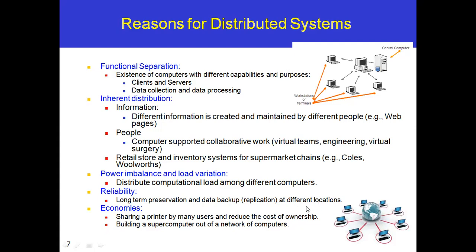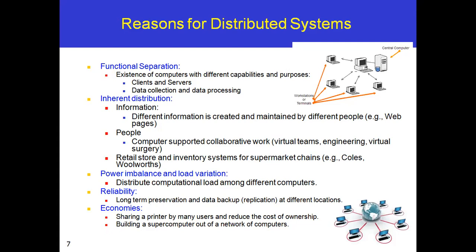Different locations means, suppose one piece of information is located at one place. If a problem occurs, a system crashes, the data will be lost. In order to cover that issue, what we do is long-term preservation of data and data backup. The data backup is not done at one system.